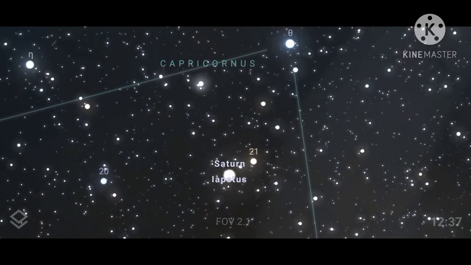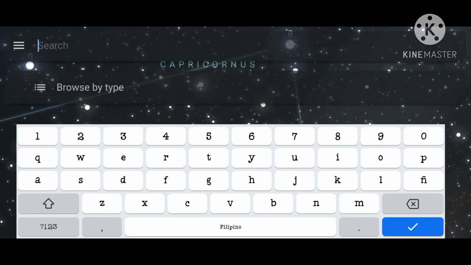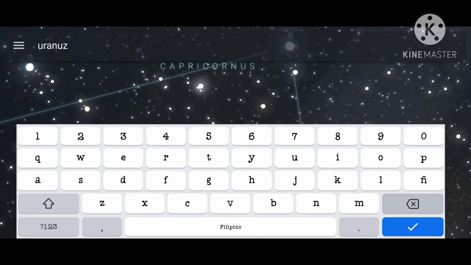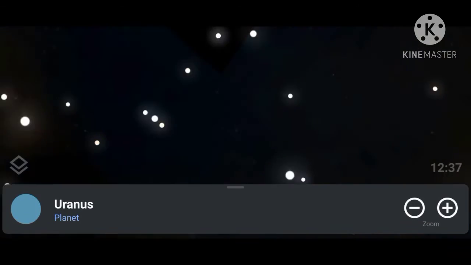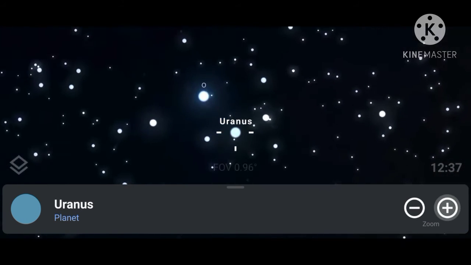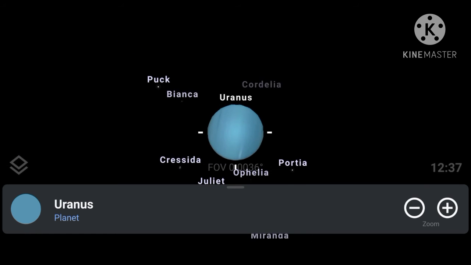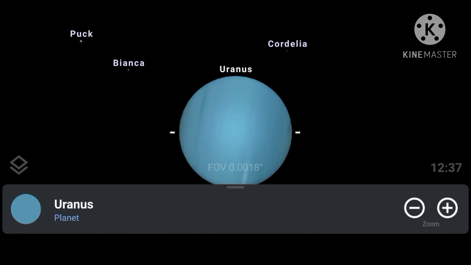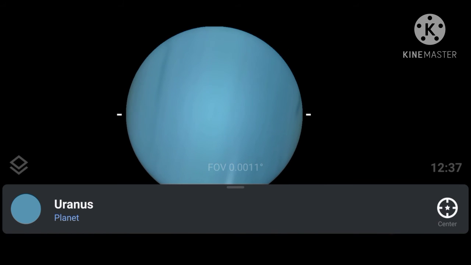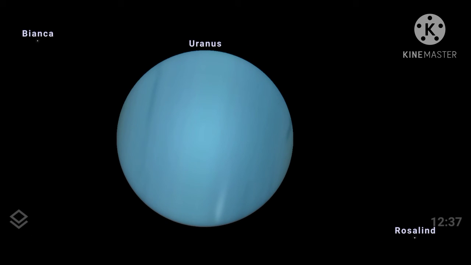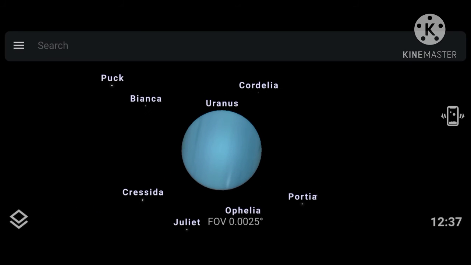After Saturn, it follows Uranus, which is the 7th planet from the Sun. We can zoom it here. And Uranus is also known as a blue-green world because of the existence of the compound methane that gives it a bluish-green color.